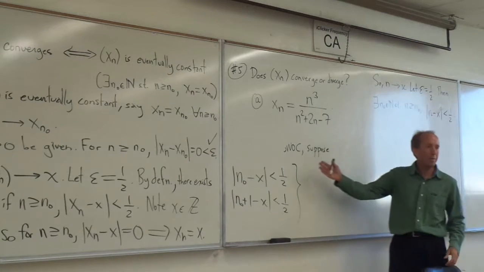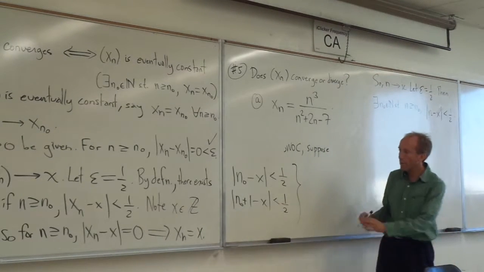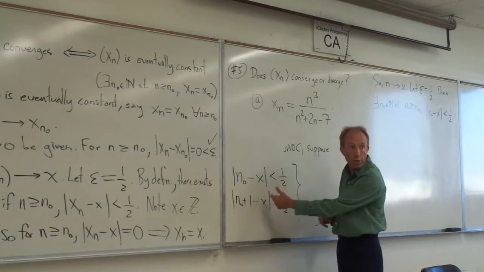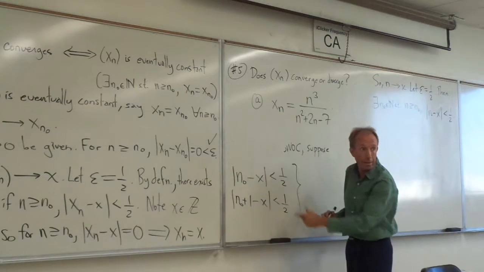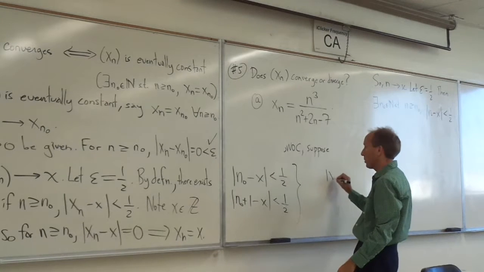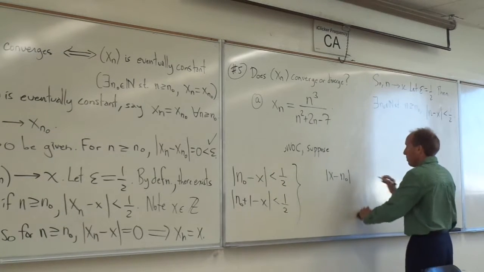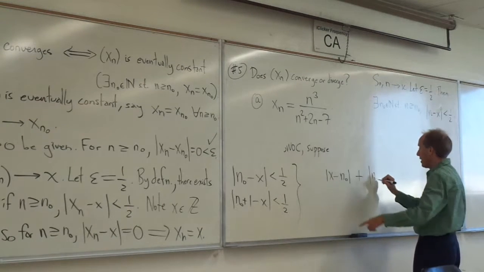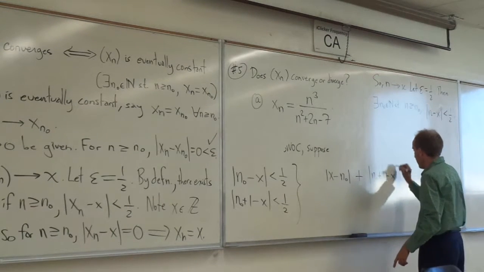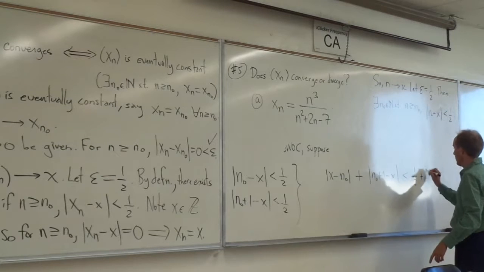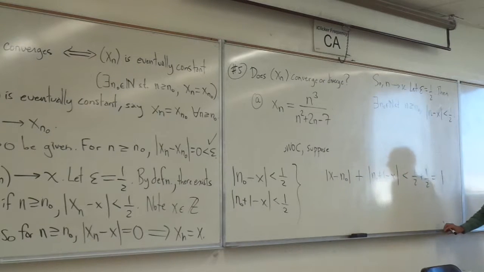We've seen this kind of trick before, right? Notice we can add them together, especially if we switch the sign on this first one. So the absolute value of X minus N naught, plus the absolute value of N naught plus 1 minus X, is less than 1/2 plus 1/2, which is 1.